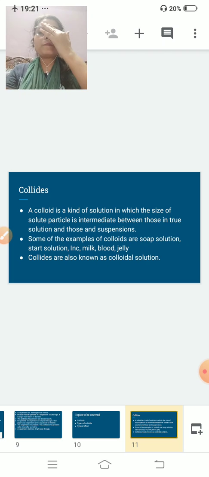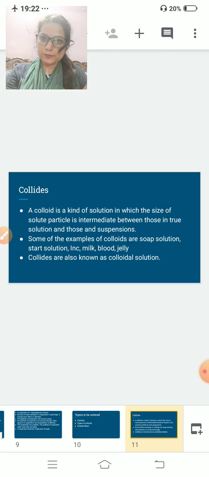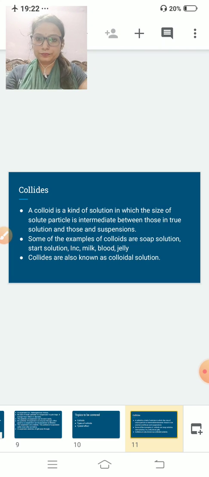That means the particle size is between 1 nanometer and 100 nanometer. Some examples of colloids are soap solution, starch solution, ink, milk, blood and jelly.